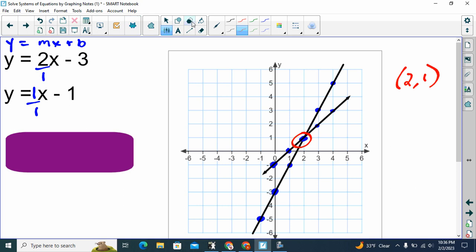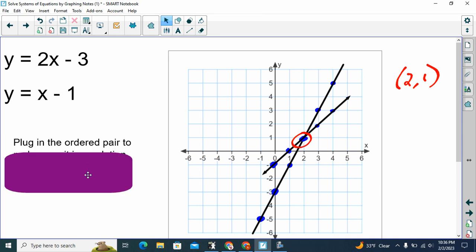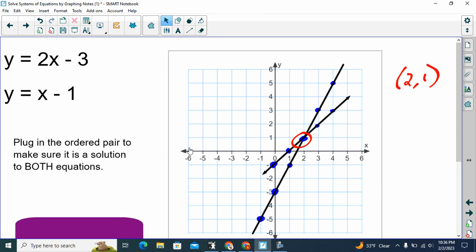We can verify that that is a solution to our system by plugging it into all of the equations. Plug in the ordered pair to make sure it is a solution to both equations. So if I plug in 2 for x and 1 for y, this is going to say 1 equals 2 times 2 minus 3. 2 times 2 is 4. 4 minus 3 does indeed give me 1.